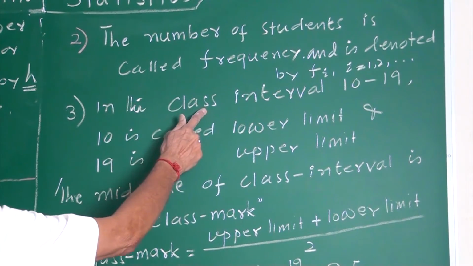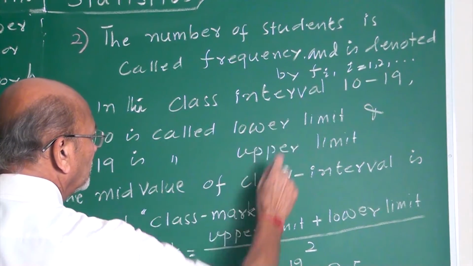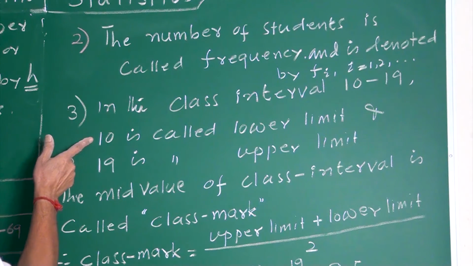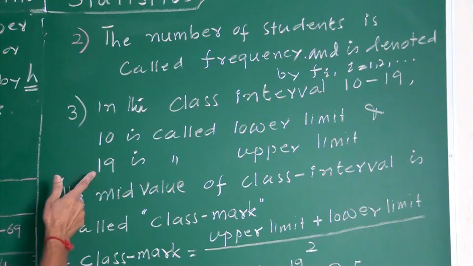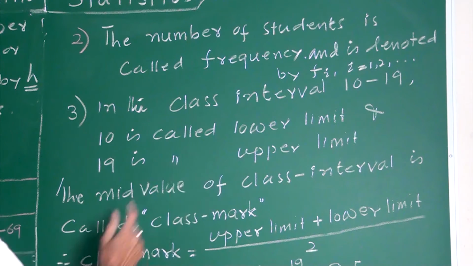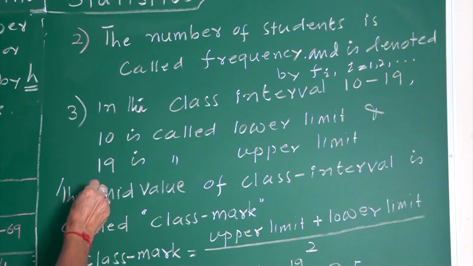In the class interval, I have considered only one: 10 to 19. 10 is the lowest value in the interval, and the lowest value in the interval is called the lower limit. The highest value in the interval is known as the upper limit. Then this is another important definition, my friends.